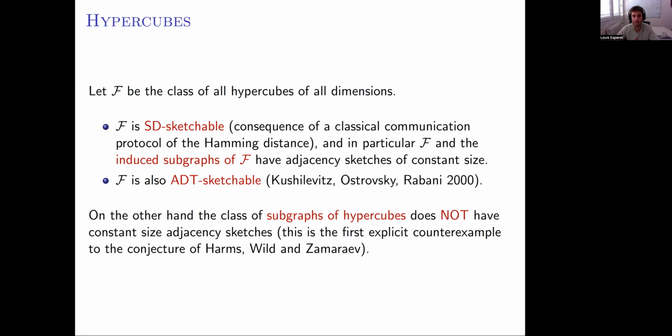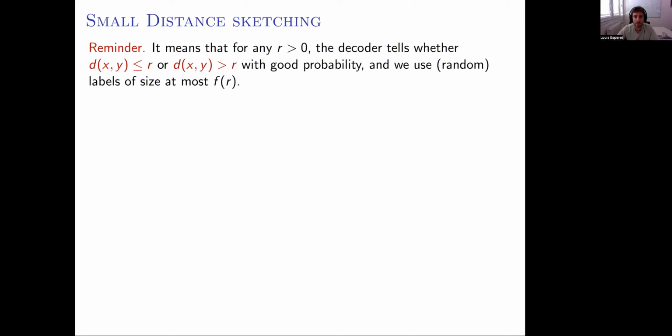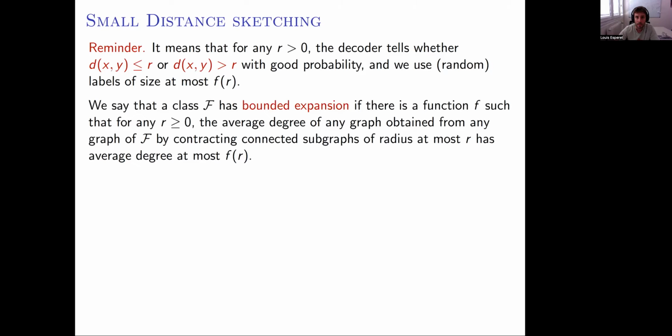All right, so let me go back to small distance sketching. Again, we want to make the distinction between distance is at most R, distance is more than R. And to characterize the monotone graph classes that have such sketches, I'm going to have to define the notion of bounded expansion. So here, the term expansion doesn't refer to expander graphs or expansion in expanders.